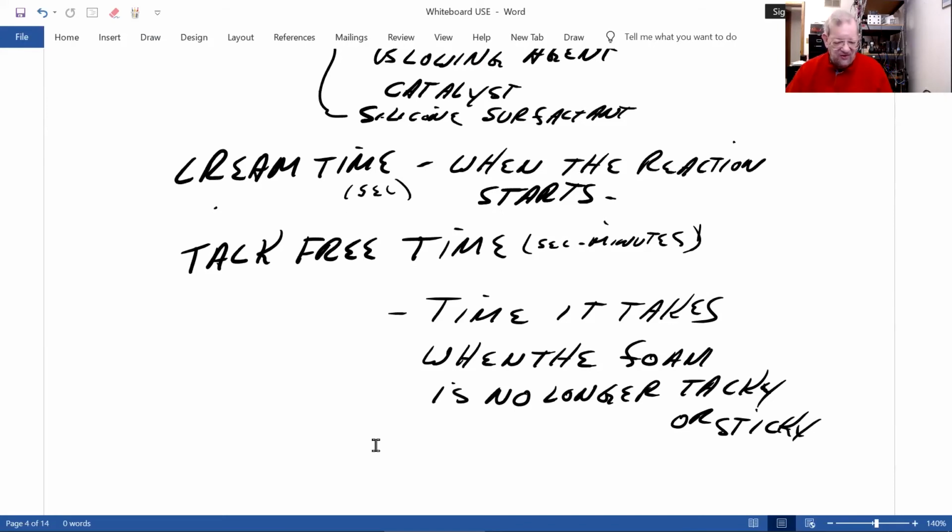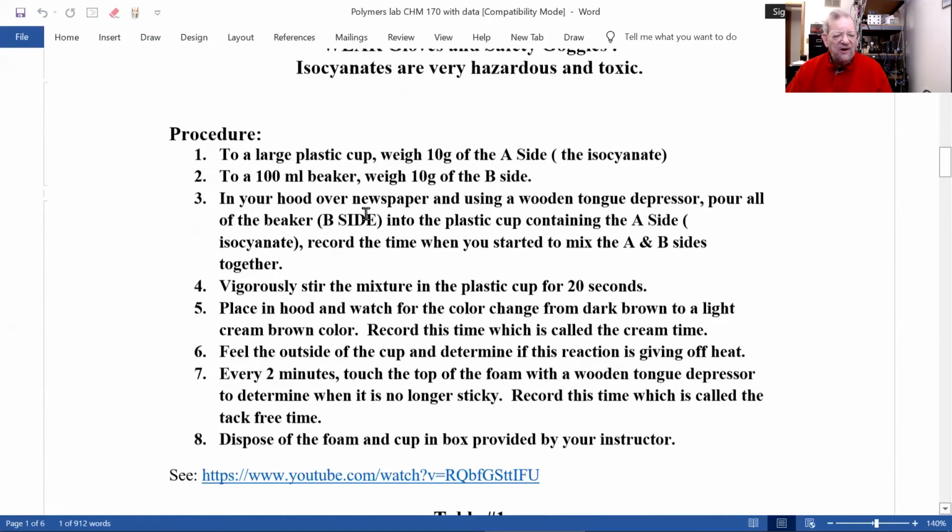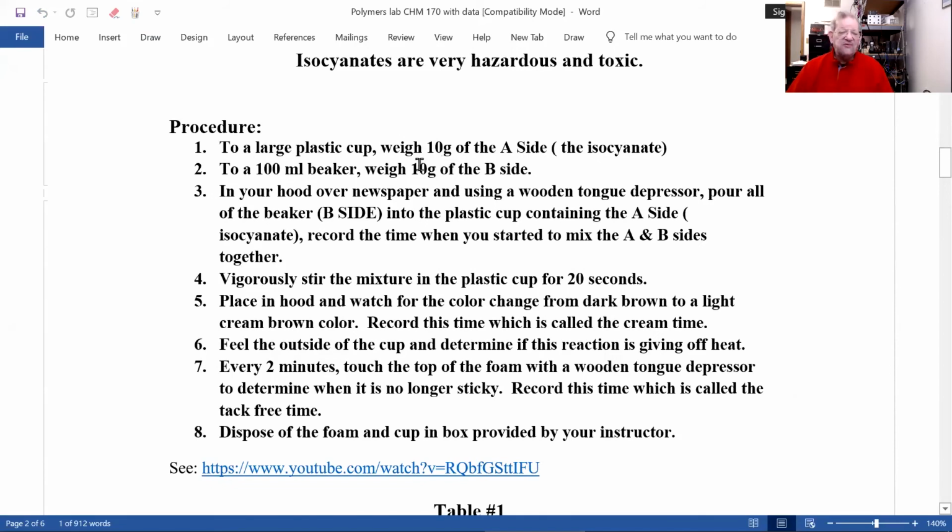And these are things you're going to do. You'd be weighing out 10 grams of A side in a cup, the isocyanate, and 10 grams of the B side in a beaker, in a hood over newspaper. You'd pour the B side into the A side, stir it real quick for a few seconds, and watch for the cream time.